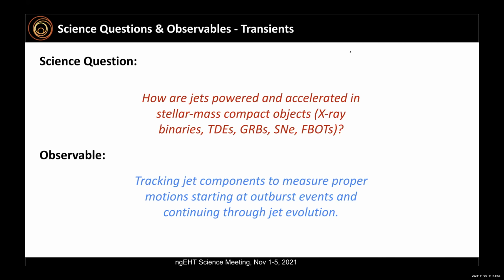For example, what physical processes could govern the different stages of gamma ray bursts, and how the local environment comes into play there too. So what observables do we need to actually answer these questions? Well, we need to be able to track jet components, measure their proper motions, starting at the beginning of these outburst events and throughout their evolution.